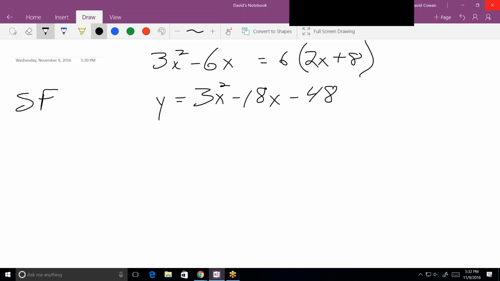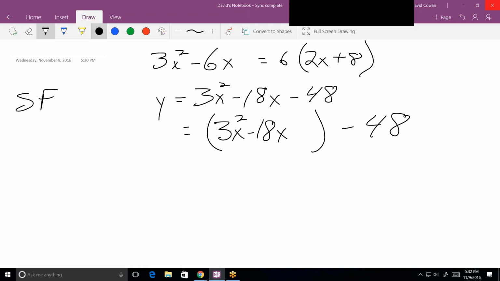Okay. And then remember the steps for completing the square. You separate out these two terms, put parentheses around it, put that number off to the right, so I haven't changed it.